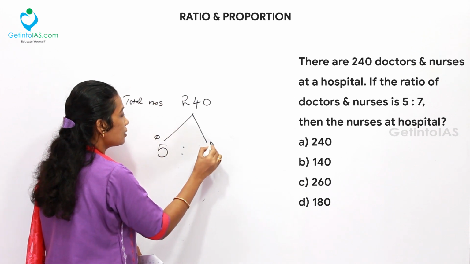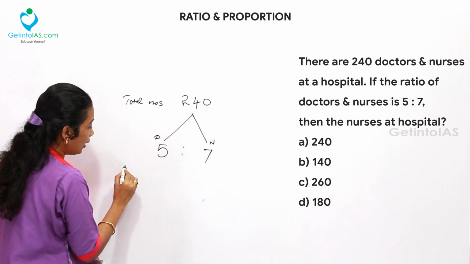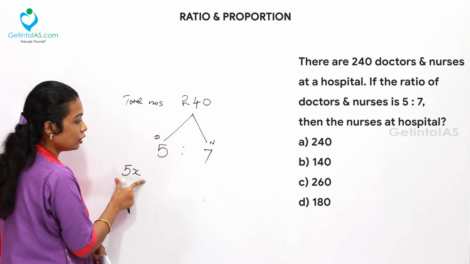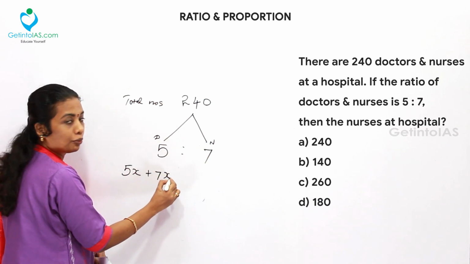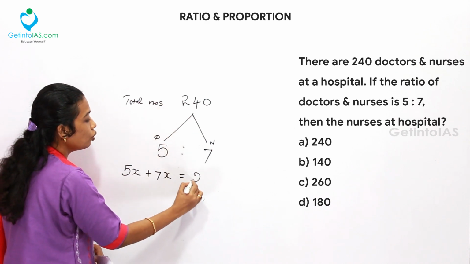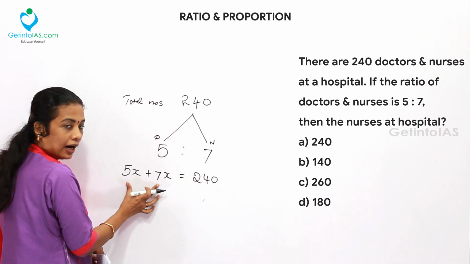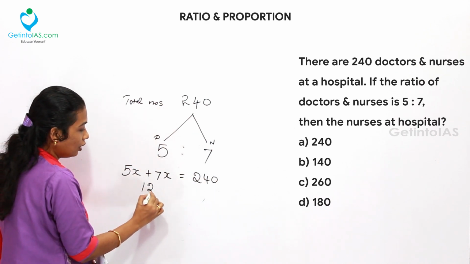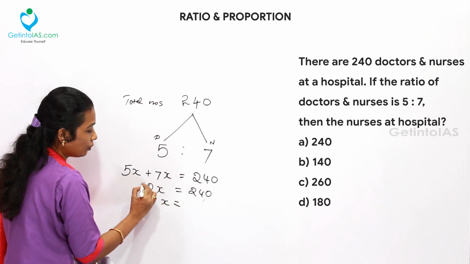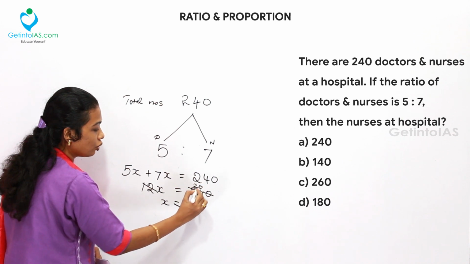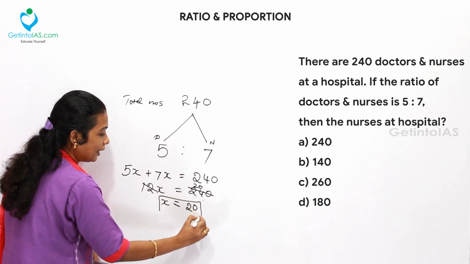This is doctors, this is nurses. So simply we can take 5x as the total number of doctors plus 7x as the total number of nurses, consisting 240. Simply add up: 7 plus 5 is 12. 12x is equal to 240. Then x is equal to 1 time here, 2 times 0. x is 20.